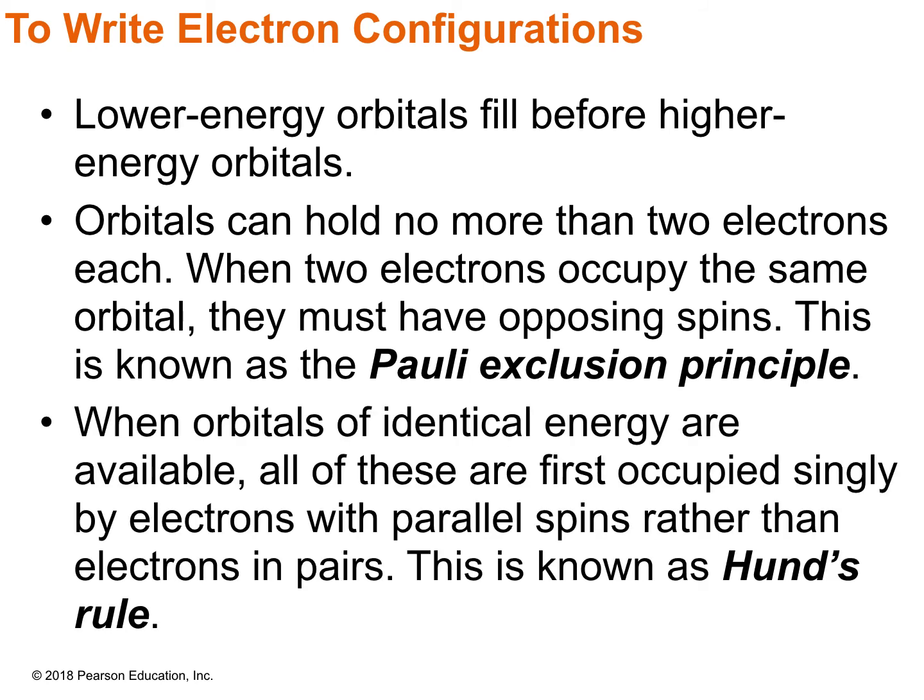And then when filling orbitals of identical energy, so the 3 orbitals within a p subshell, the 5 orbitals within a d, the 7 orbitals within an f subshell, you have to first singly occupy each orbital within a subshell with parallel spins. Then you go back and pair the spins if you have to. All right, this is known as Hund's rule.